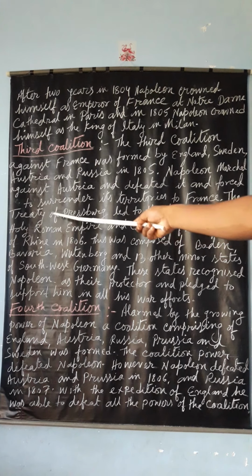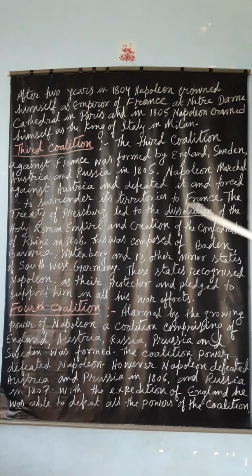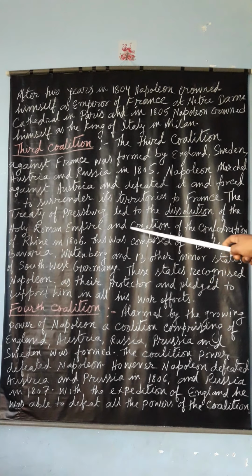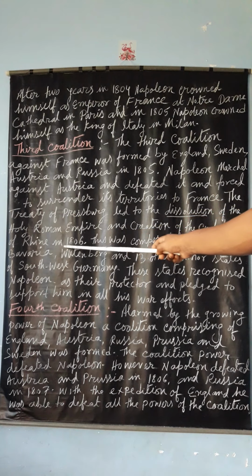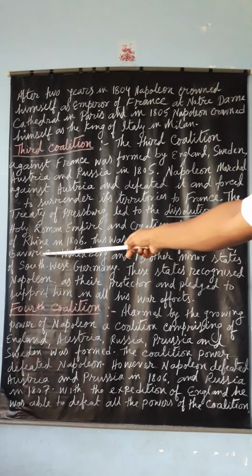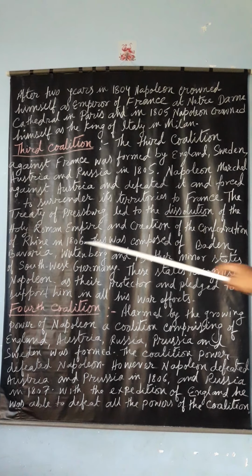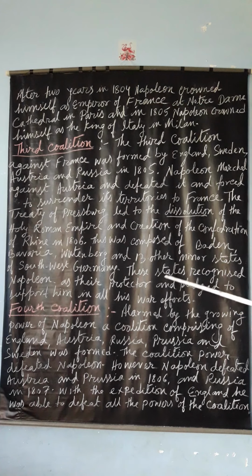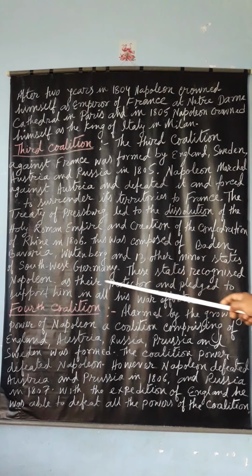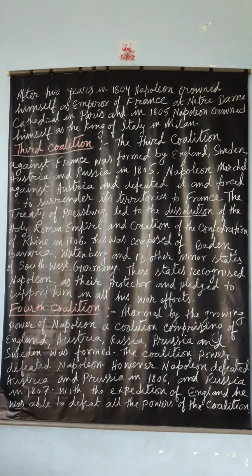The Treaty of Pressburg led to the dissolution of the Holy Roman Empire and the creation of the Confederation of the Rhine in 1806. This was composed of Baden, Bavaria, Württemberg and 13 other minor states of southwest Germany. These states recognized Napoleon as their protector and pledged to support him in all his war efforts.